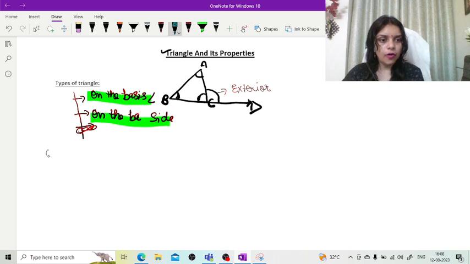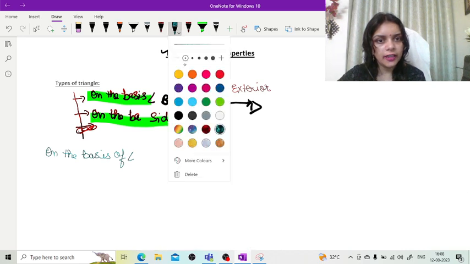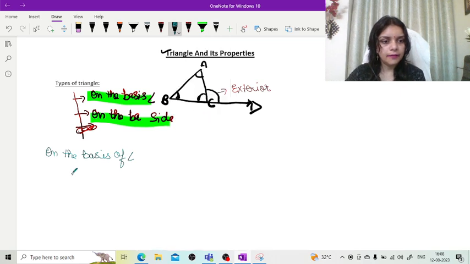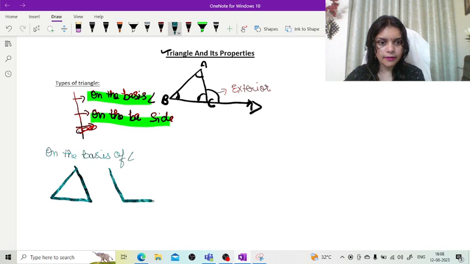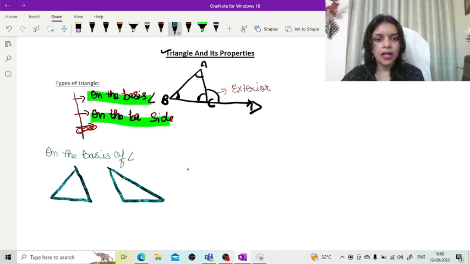So see, on the basis of angle, how many triangles are there? The first one is this one, the second one is this one, and the third one is this one.